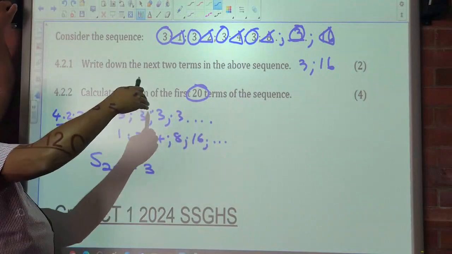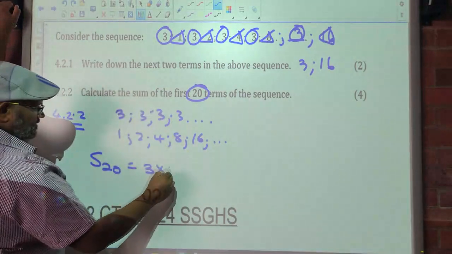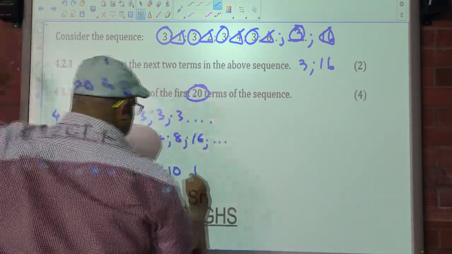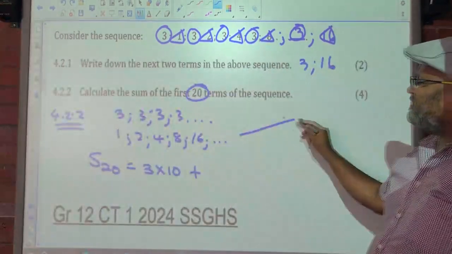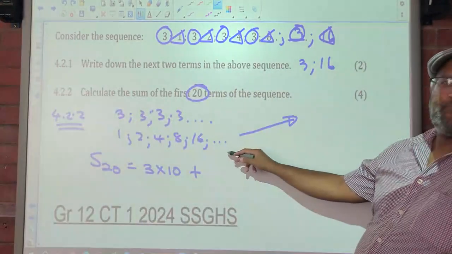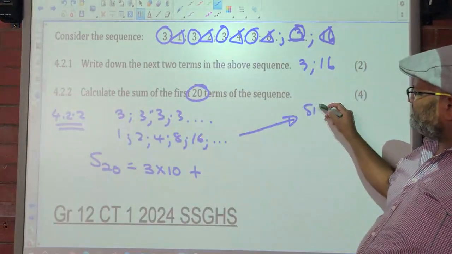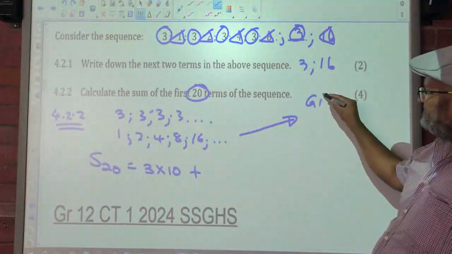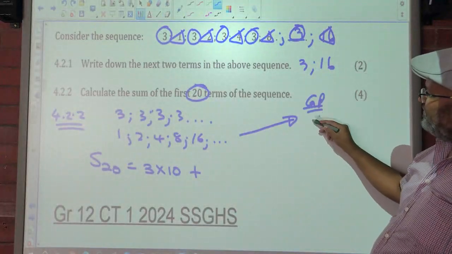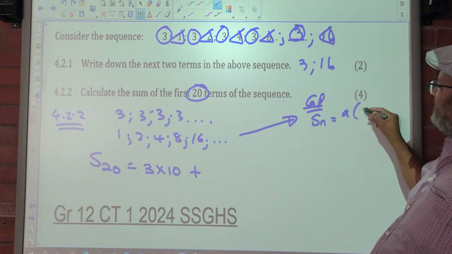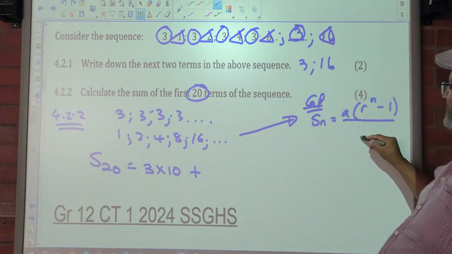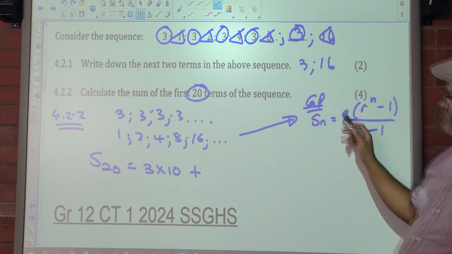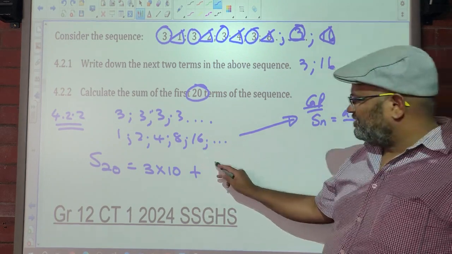So the sum of 20 terms is going to be 10 of the 3s. So do I have to say 3 plus 3 plus? No. 10 times 3 plus 10 from the sequence. But what sequence is this? Geometric progression. GP. So what's the formula for GP? Sn is equal to a times r to the n minus 1 over r minus 1. So what's your a value for the sequence? 1.